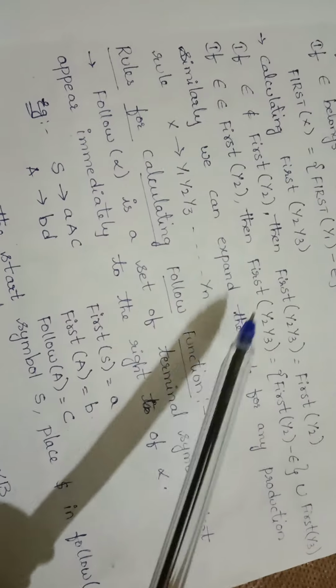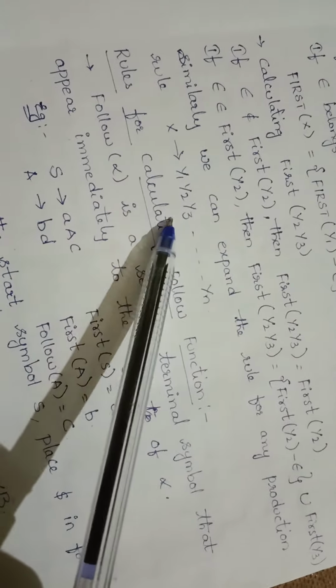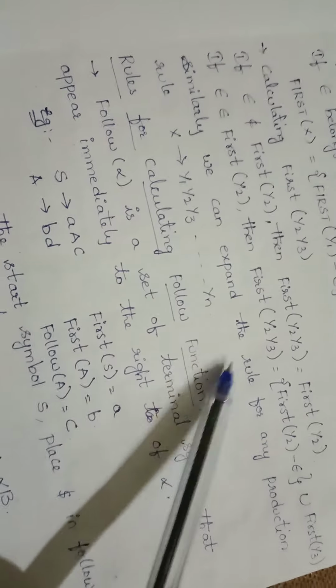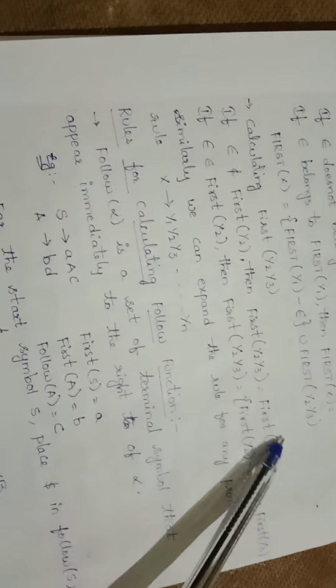Similarly, we expand the rule for any production of the form x tends to y1 y2 y3 and so on till yn. If you do not understand these rules, let it be. When we consider the example, you will clearly understand.